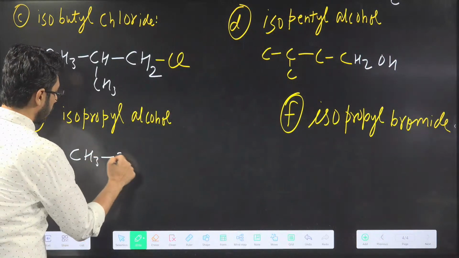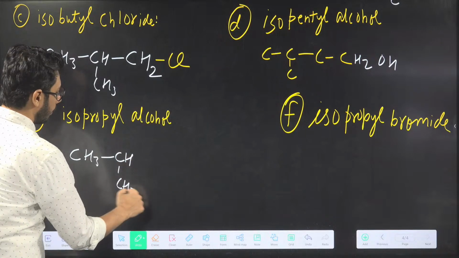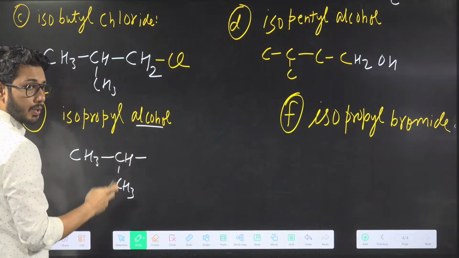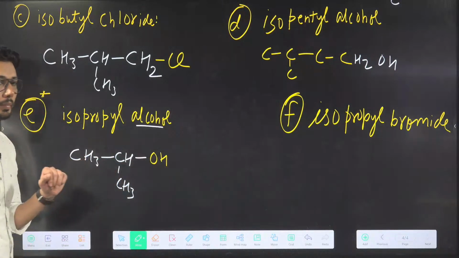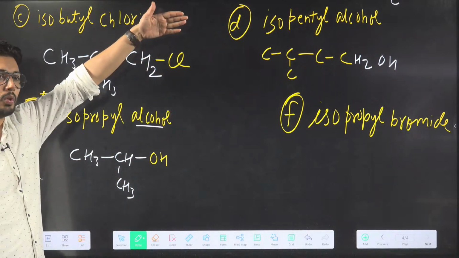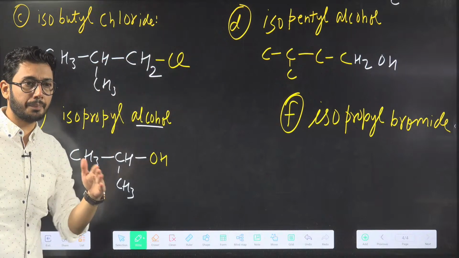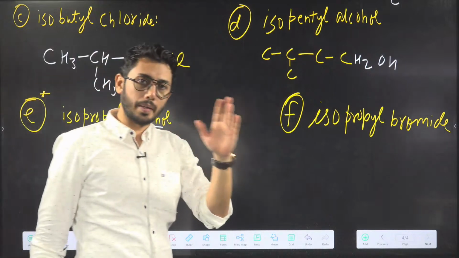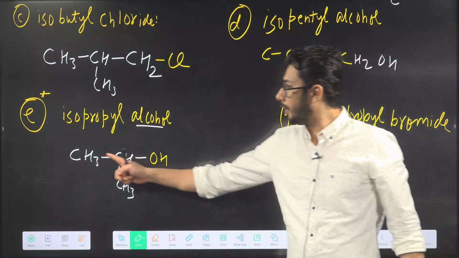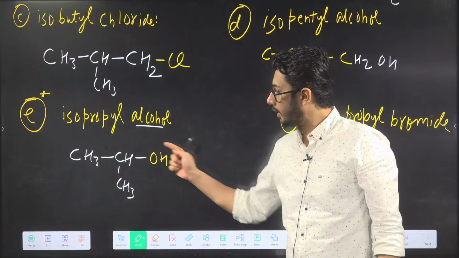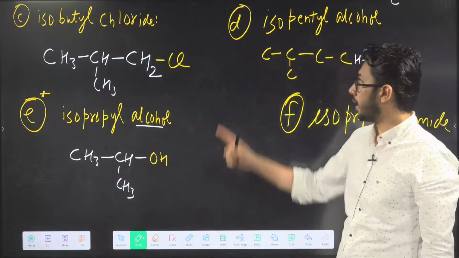So CH3, CH, CH3, iso completed. Now which group? OH. It will be bonded only to the middle carbon, that is the secondary carbon. In other cases, with more carbon atoms, whatever group is there will be bonded to primary. But in isopropyl, there is no possibility. So write down the iso arrangement and directly connect OH to the carbon where connectivity is there.